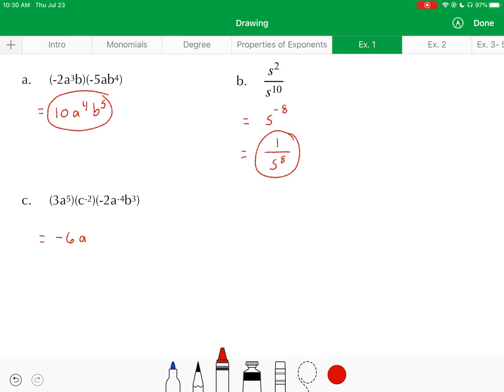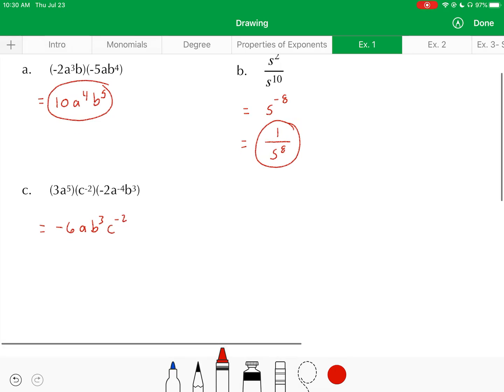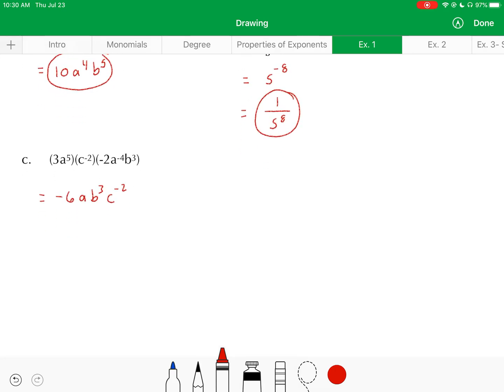And then you only have one expression that has b cubed in it, so just carry that down. And then the same with c to the negative second. Now, that's not completely simplified because notice you still have a negative exponent on c. So this will become negative 6ab cubed over c to the positive second power. Notice I only placed c down in the denominator because it was the only part that had a negative exponent.